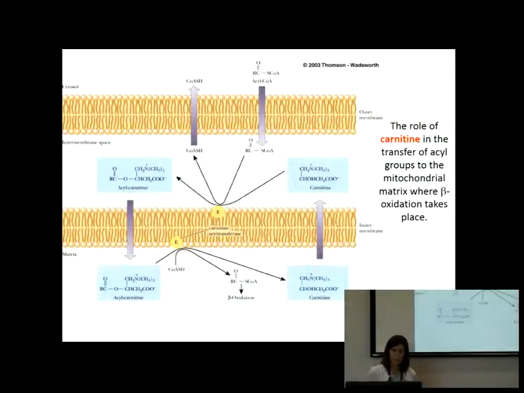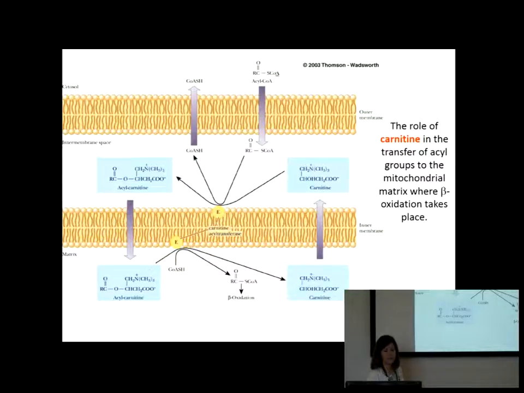Okay, so we're at the point where we have the acyl group activated with the coenzyme A in the matrix. This is where beta oxidation is happening.